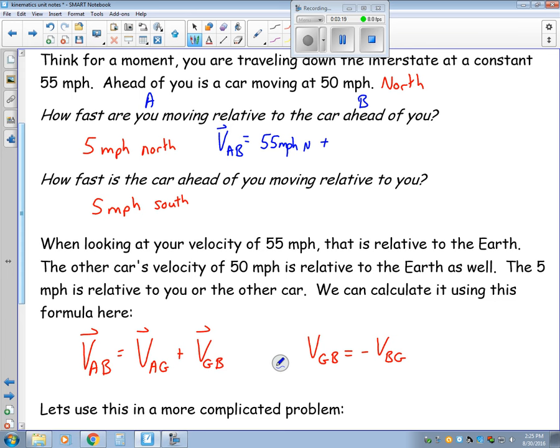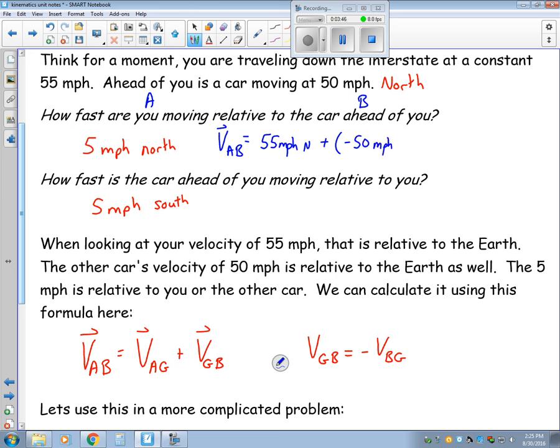The car ahead is moving at 50 miles per hour north, so the ground must be moving 50 miles per hour to the south. If the car was stationary, think about the ground moving underneath of it. So this should be negative 50 miles per hour.